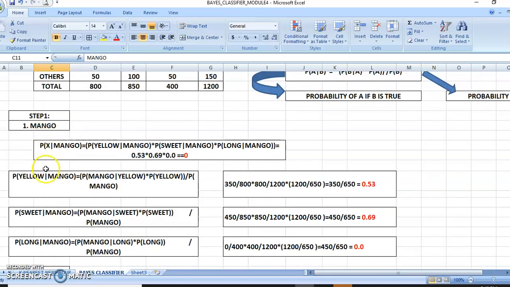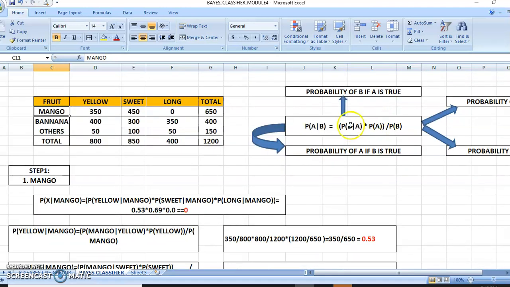Come to the probability of yellow with mango. How is it given? Just go according to this formulation; I'm not doing anything new here.